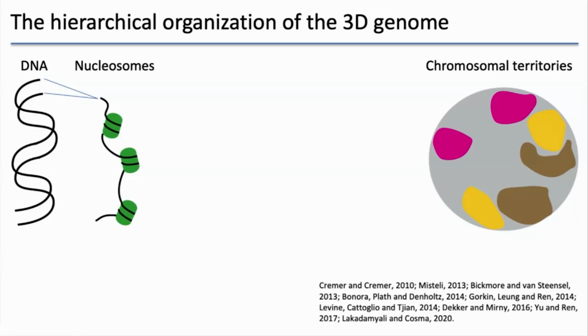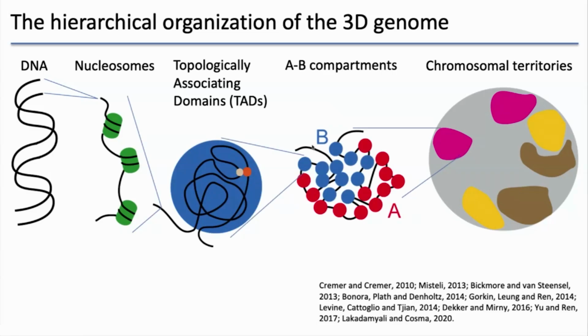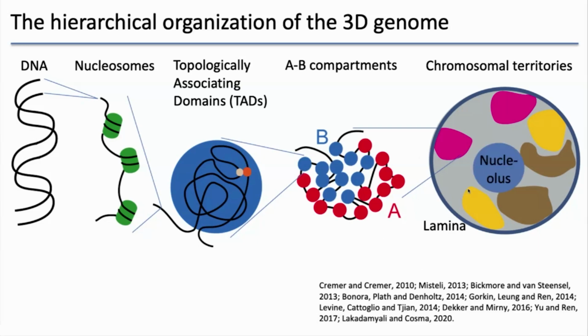And in recent decades, thanks to new technology development, we now know much more about the intermediate length scale, how DNA is folded in between. And this detailed 3D genome organization is a major component of our current understanding of the 3D genome. And there are also other techniques that allows us to map the regions of the genome that are interacting with other nuclear components, such as nuclear lamina or nucleolus.